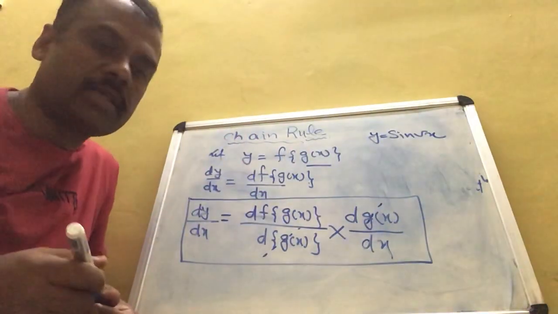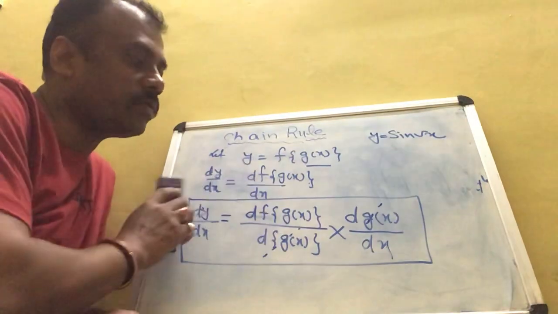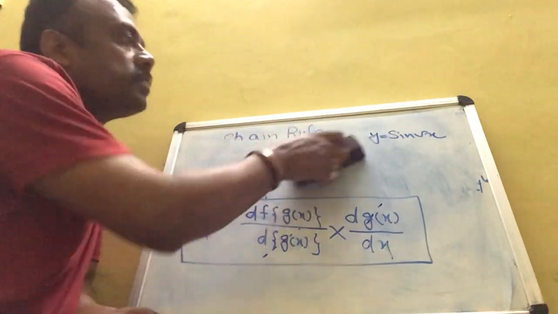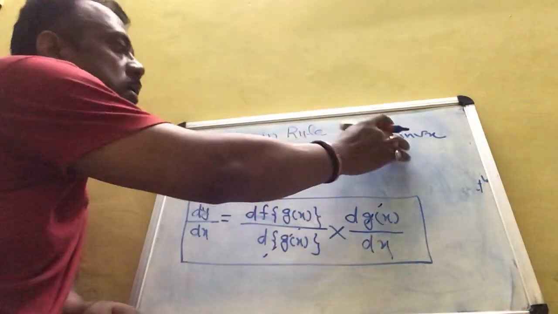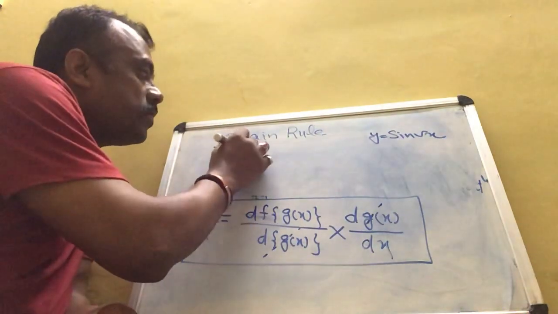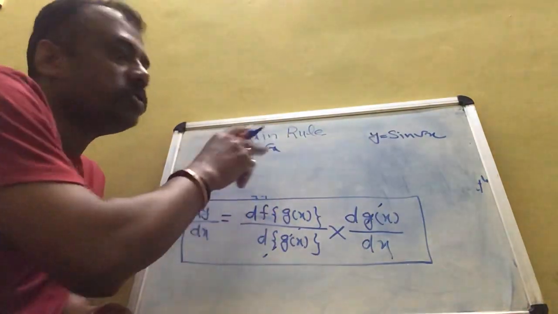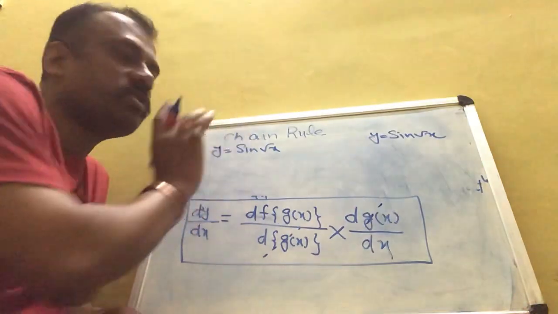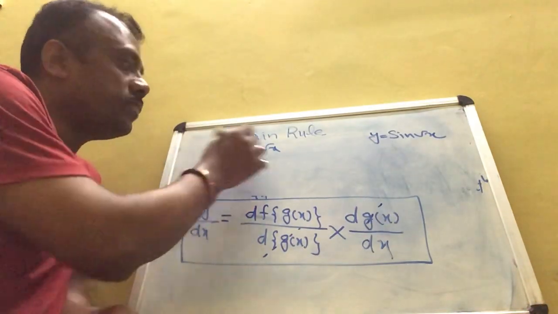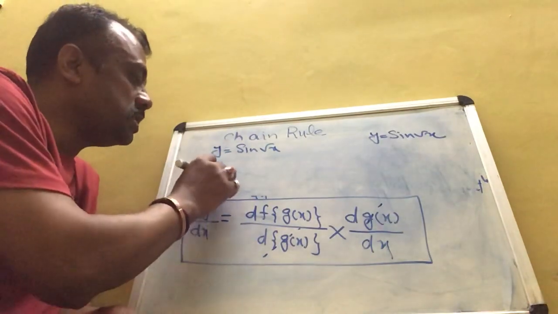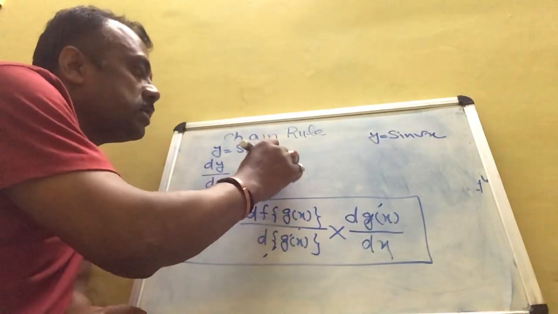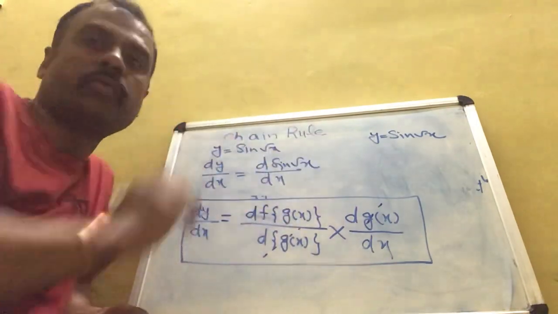I think I am a little bit clear to all of you. Okay, let us use this. The function is given, y equals sine of root x, which is a composition of two functions, the sine function and the square root function. So let us differentiate it with respect to x. d/dx of y equals d/dx of sine of root x.